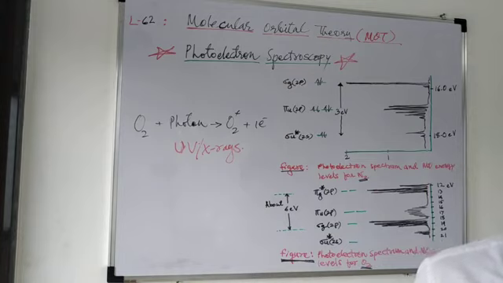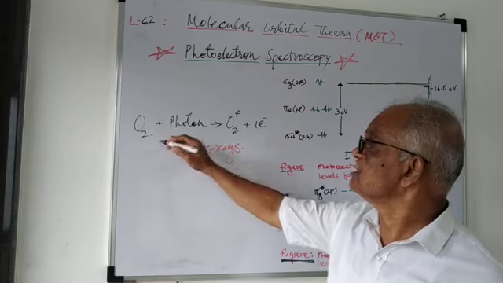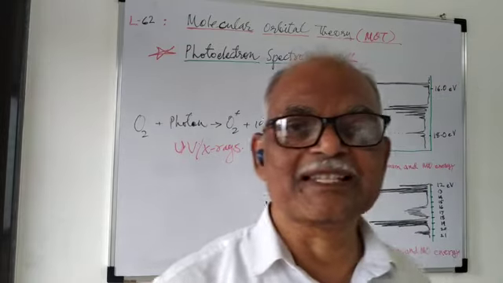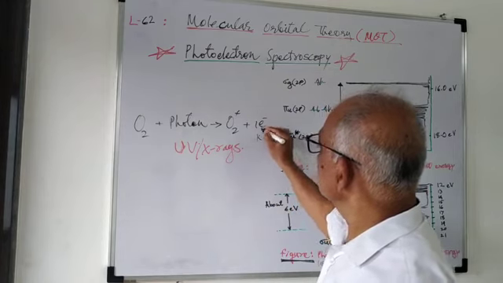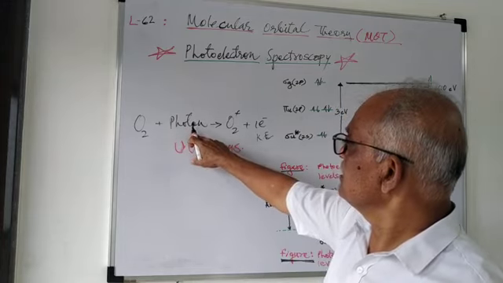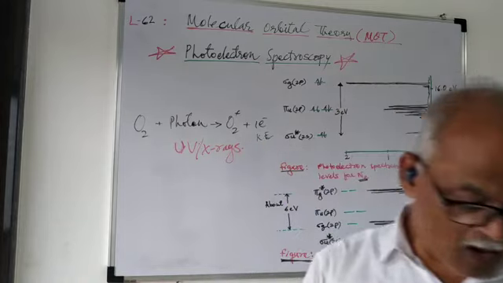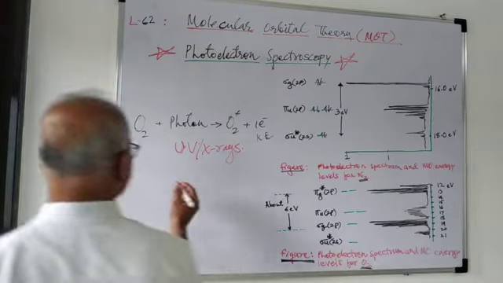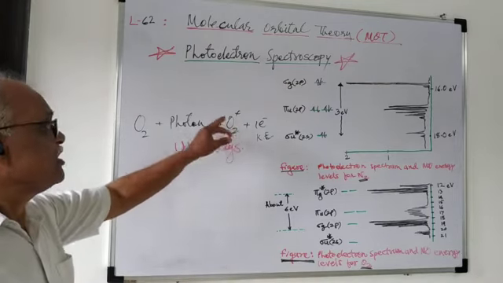When the photon strikes a molecule like oxygen, it removes the electron, and that electron is also associated with some energy, called the kinetic energy of the electron. From this we can find the energy of this electron, and from this we can get the ionization energy of that energy level.